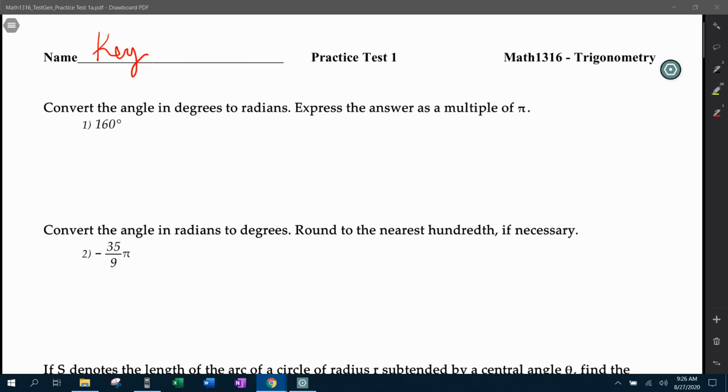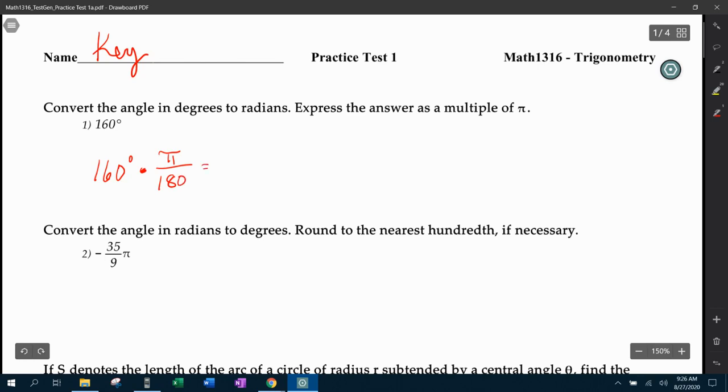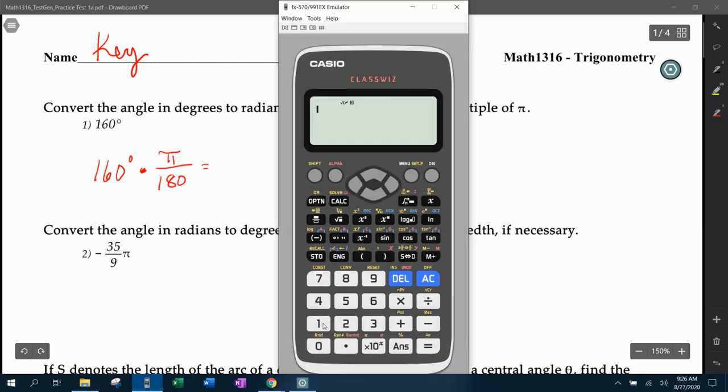First question, we need to convert the angle in degrees to radians and express the answer as a multiple of pi. So if we're going to convert an angle that's in degrees to radians, we need to multiply by pi over 180. And the easiest way to multiply that out is going to be with the calculator.